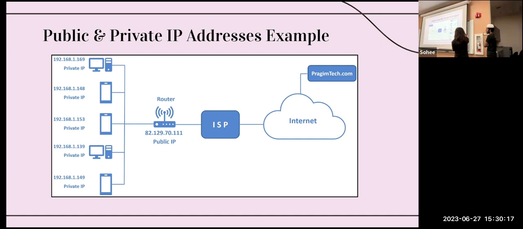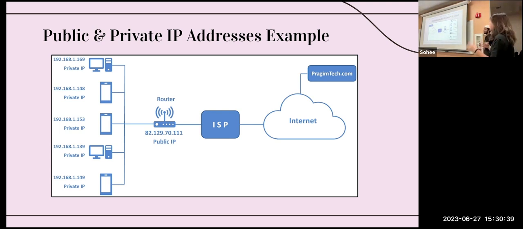And the reason this is all going to one IP is because of something called network address translation, which I'll talk about. But basically, the whole idea is that multiple devices on a private network, a local area network, can use one public IP address assigned by your ISP to access the internet.